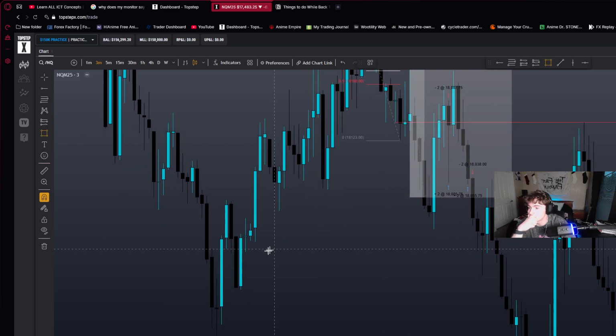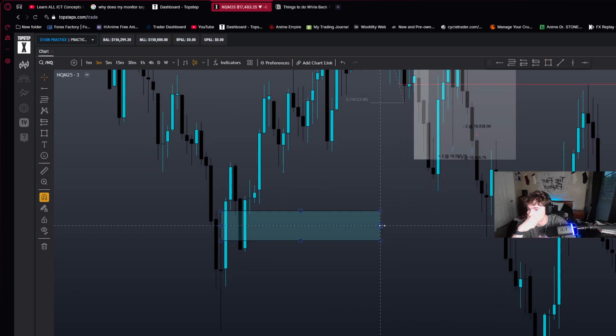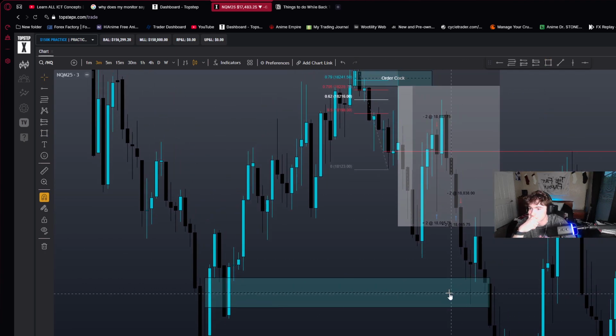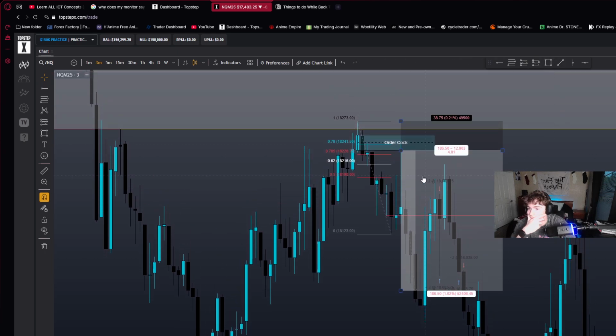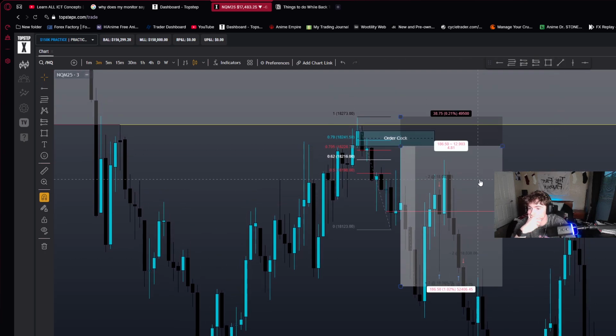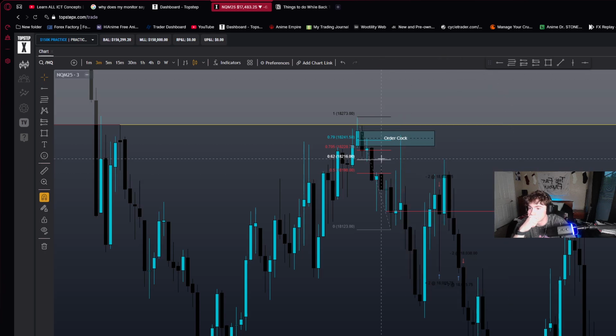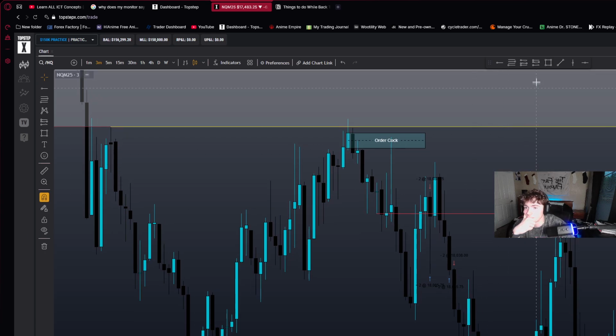I mean, does this count as an inverse fair value gap though? That makes sense. Anyways, good thing here. That's one trade. We'll delete all that, except that.